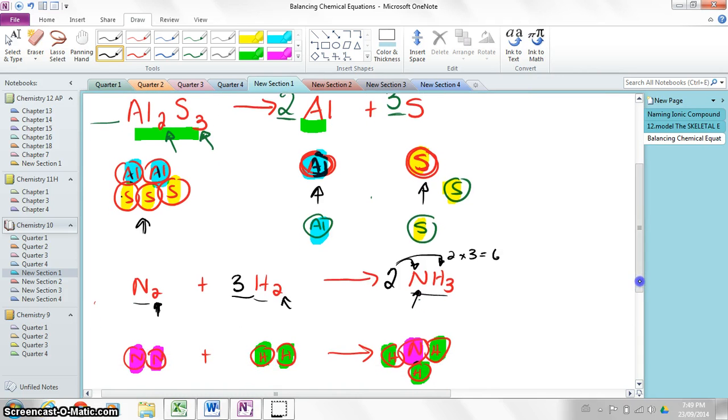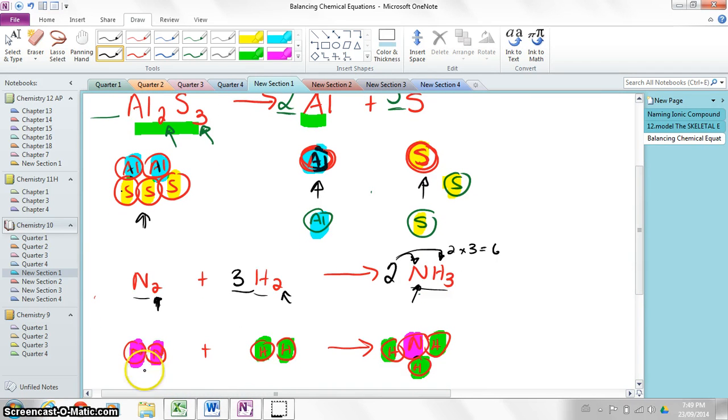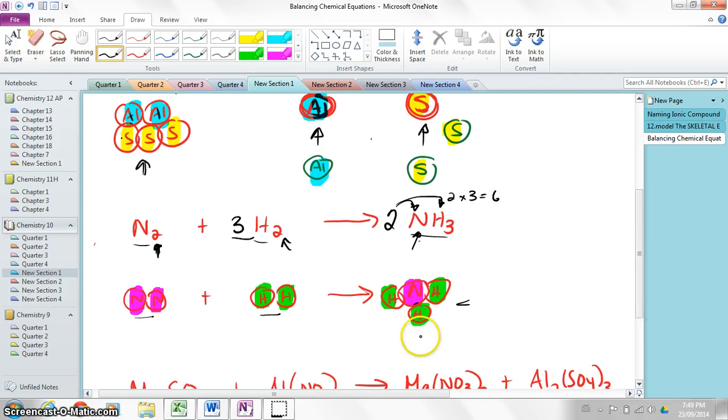So let's just look at that visually. Before I balanced it, I had 1 nitrogen molecule, 1 hydrogen molecule, and 1 molecule of NH3. It's not balanced. But when I balance it, I'll have 2 molecules of NH3, 3 molecules of H2, and just 1 molecule of N2.